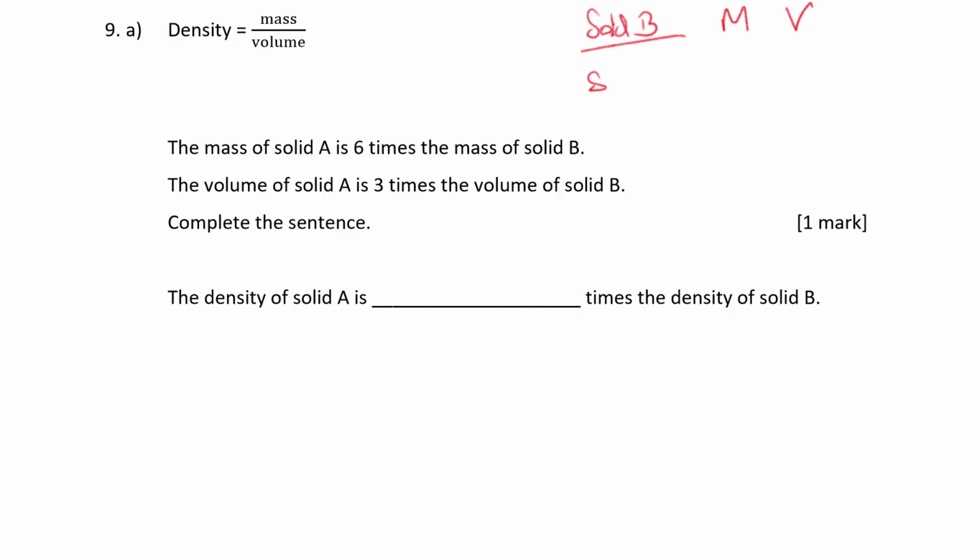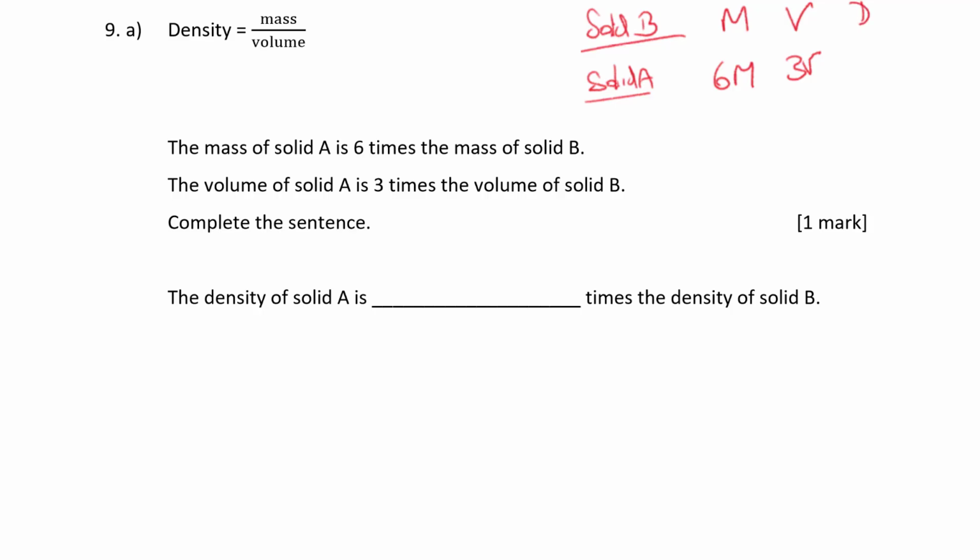Then solid A is going to be 6 times the mass of solid B, so that's going to have a mass of 6m, and it's going to have a volume 3 times that of B, so a volume of 3v. So what is the density of B?